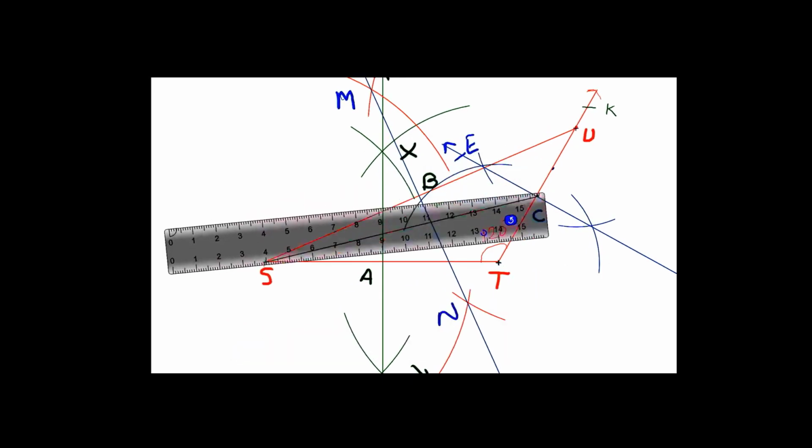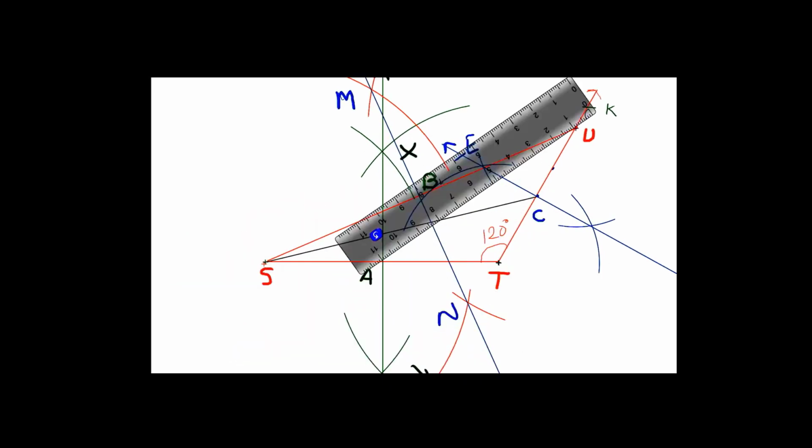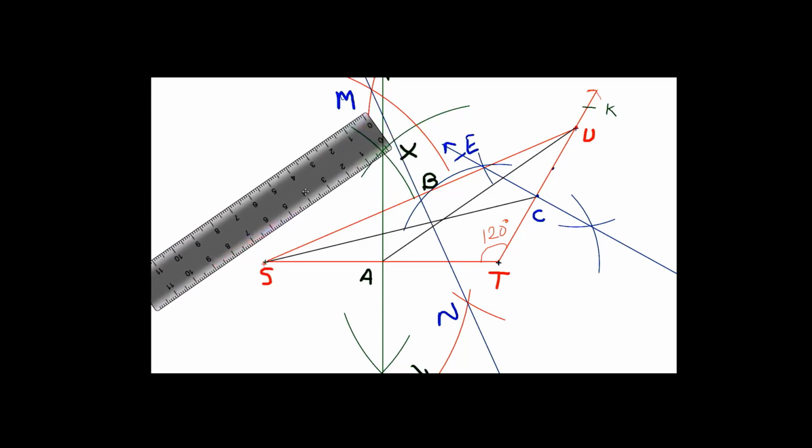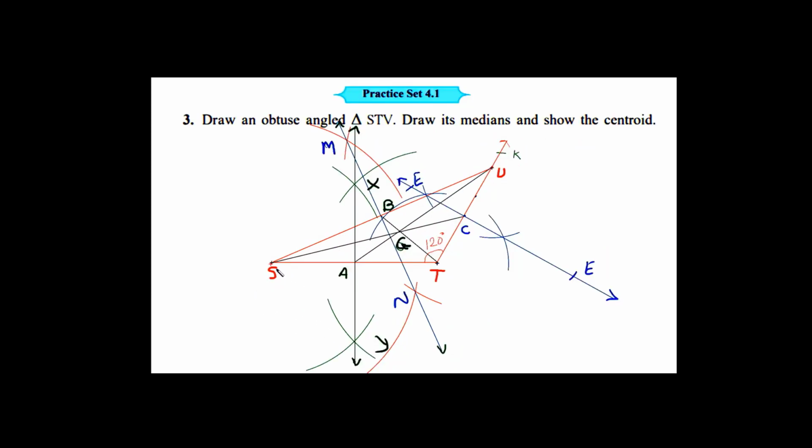Then draw the segment UA joining the vertex U and midpoint A of side ST. Then draw the median TB by joining the vertex T and midpoint B of the side SU with the help of a ruler. Observe the figure here.